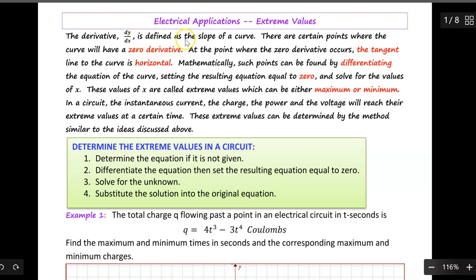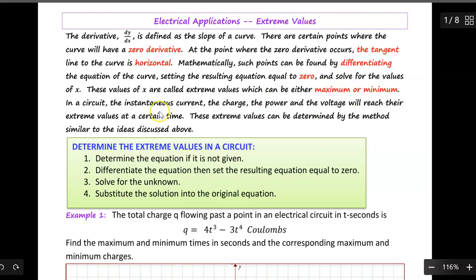The slope is defined as the derivative, so you set the derivative equal to 0 in order to solve for x. Then you substitute that value for x into your original equation to find the coordinate, and then you use a second derivative test to figure out whether you have a maximum or minimum.